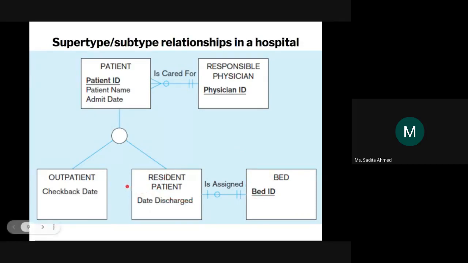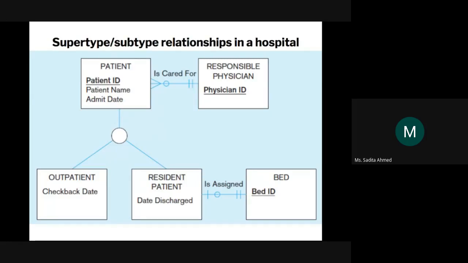It makes sense for them to have a date discharged. Outpatients, however, who are visiting the hospital to see a doctor maybe, but they don't stay in the hospital. If they don't stay in the hospital, they won't have a bed assigned to them, obviously. They won't have a date discharged. They will, however, have a check back date.